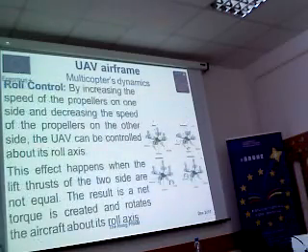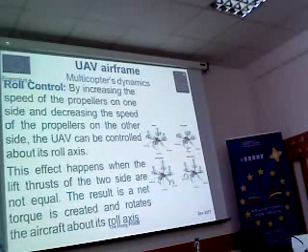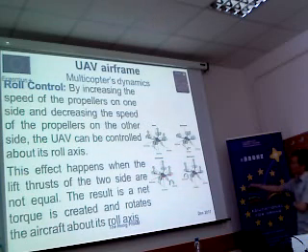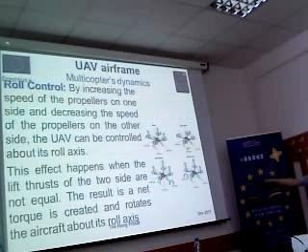For the roll control, you can see it in this one. This is the roll axis, and this is the pitch axis. In this situation, we split the 4 rotors into two parts, left and right.